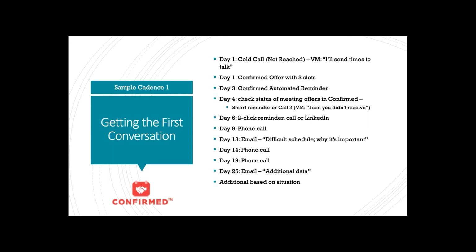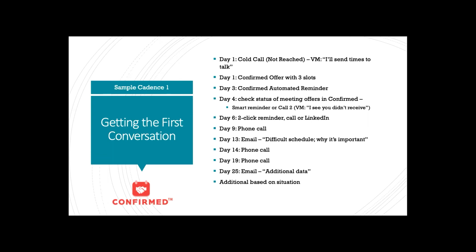So what happened? Well, at that point, you might see that they didn't open up your email at all. Maybe it was stuck in their clutter folder. Maybe they haven't come into the office. Maybe they've got an aggressive spam filter. There's all sorts of reasons that might happen. So at that point, you might say to yourself, okay, they're not seeing my outreach. Let me pick up the phone, and I'll call them again. And when I call them, the voicemail that I leave if I miss them is, hey, I see you didn't receive the email that I sent you.